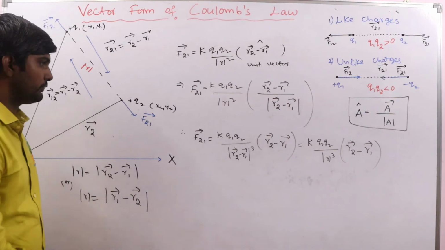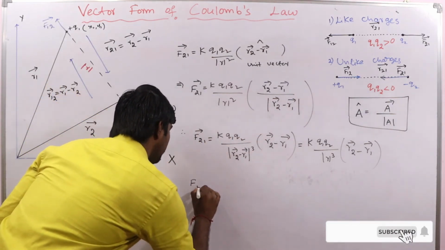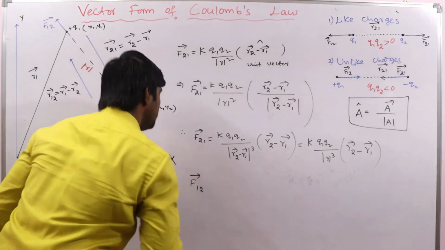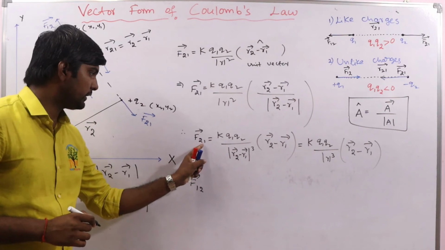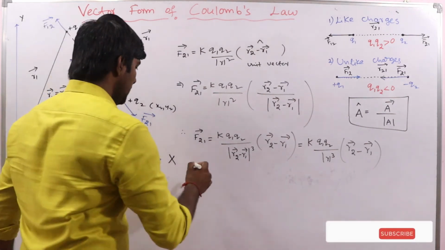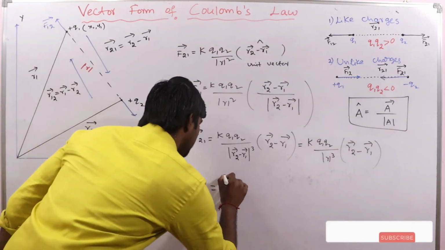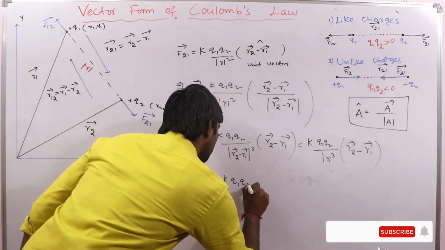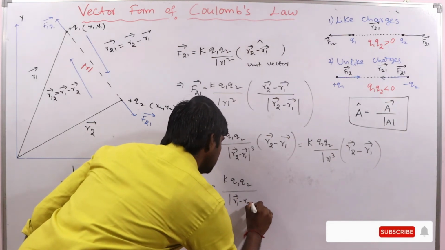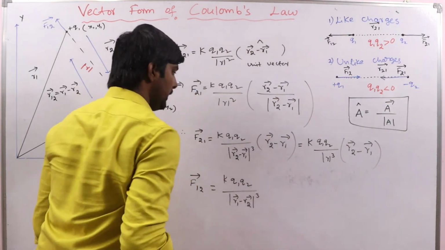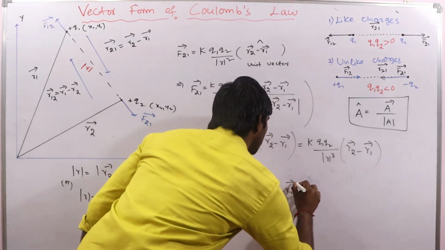In the same manner, the force on the first charge due to the second charge. This is the vector form of the force on the second charge due to the first charge. In the same manner, we can write for this also: K Q1 Q2 upon mod r1 bar minus r2 bar whole power 3 into r1 bar minus r2 bar.